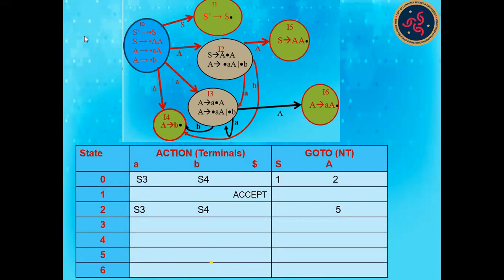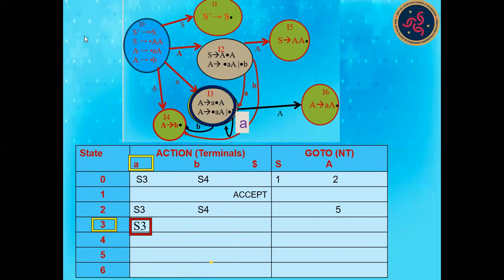Now the third state I3. The third state also has the terminals a and b and the non-terminal capital A. First we can go to the terminal small letter a. At state 3, if we have a small letter a, a terminal symbol a, then it will again go to the same state I3, right? So I am writing the shift operation for the same state, that is S3, in this cell.